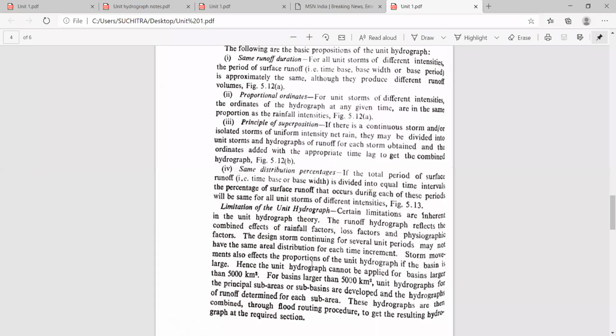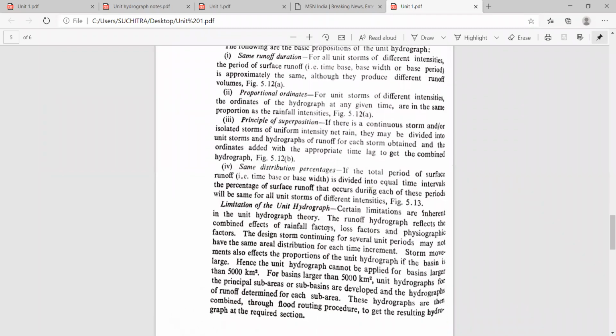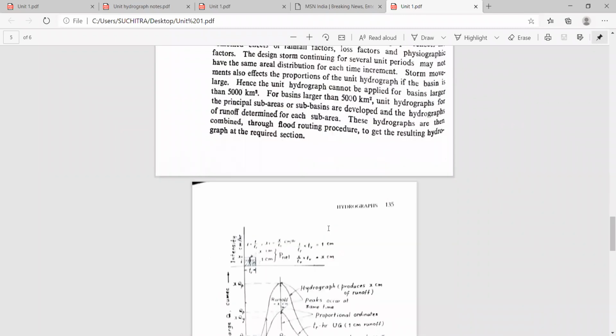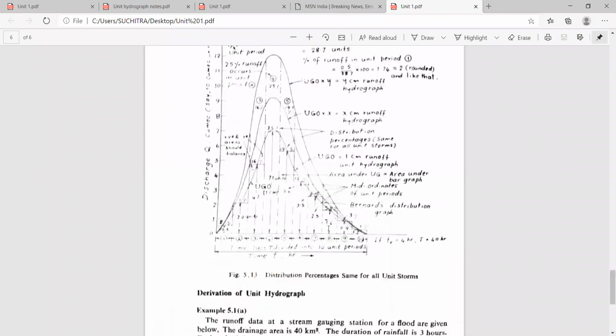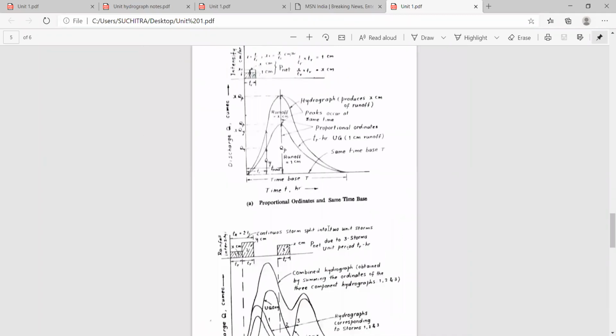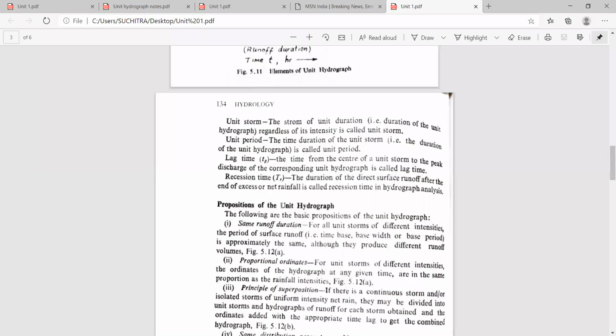Then you can get a combined unit hydrograph for the entire basin. So next class we shall take up numerical problems on unit hydrographs, on how to derive a unit hydrograph from the observed flood hydrograph.